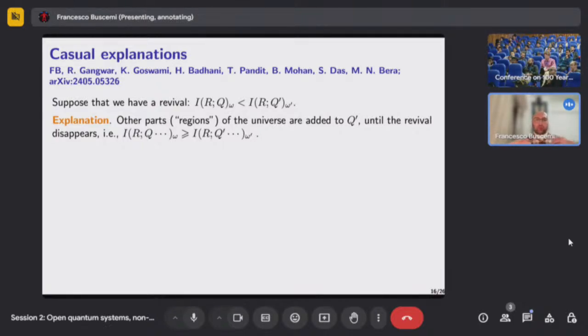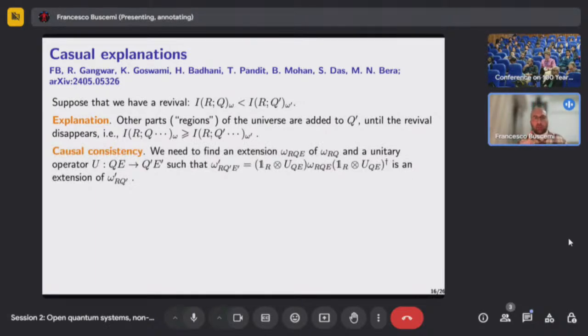You have to find other parts, other regions of the universe and add them to Q, okay? So bring them together with Q until the revival disappears, right? So by putting here other parts of the universe, you want to naturalize this inequality. So from strictly less, you want to go back to the usual and comfortable data processing inequality.